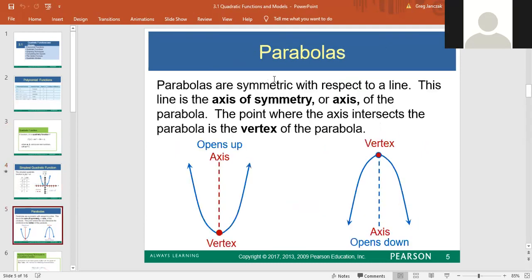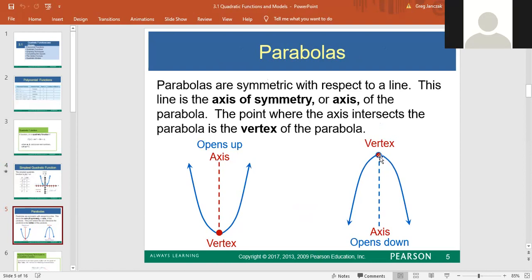Next, parabolas are symmetric with respect to a line, and this line is known as the axis of symmetry. The axis of symmetry goes through the parabola at what's known as the vertex. If the parabola opens up, the vertex is the lowest point for y values, and if it opens down, the vertex is the highest point for the y values.